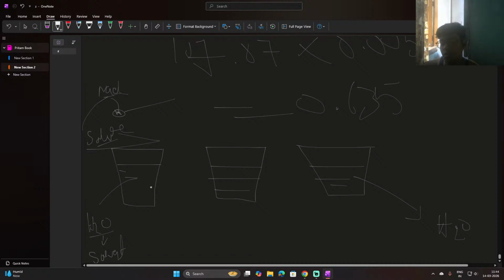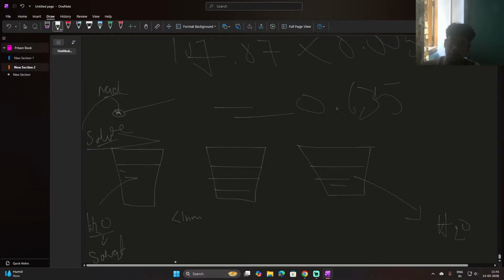So this is very small, like you can say it is less than 1 nm. These are solutions, less than 1 nm size.